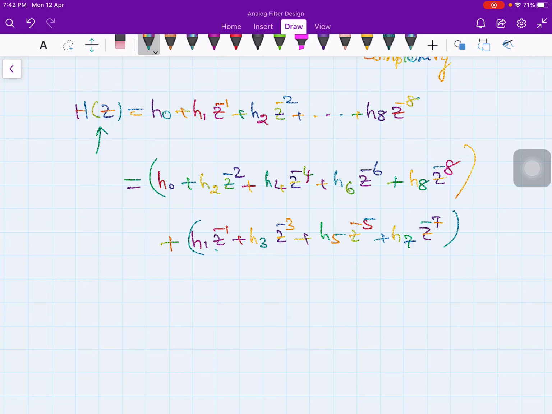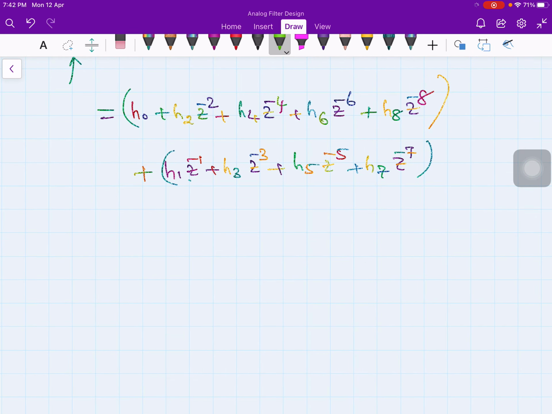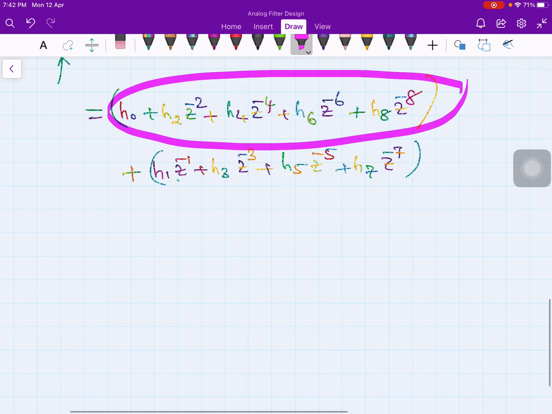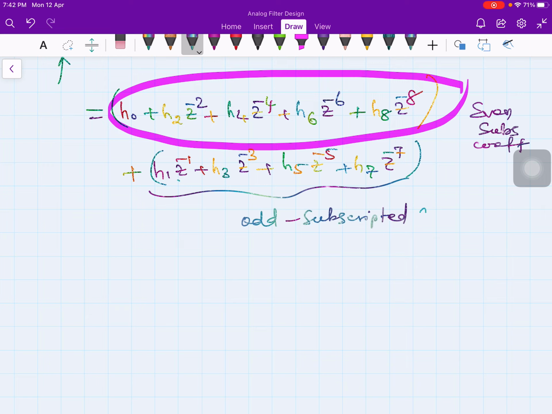So we have taken the alternate terms. And if you look at this, the first group contains only even subscripted coefficients, and this one contains odd subscripted coefficients.